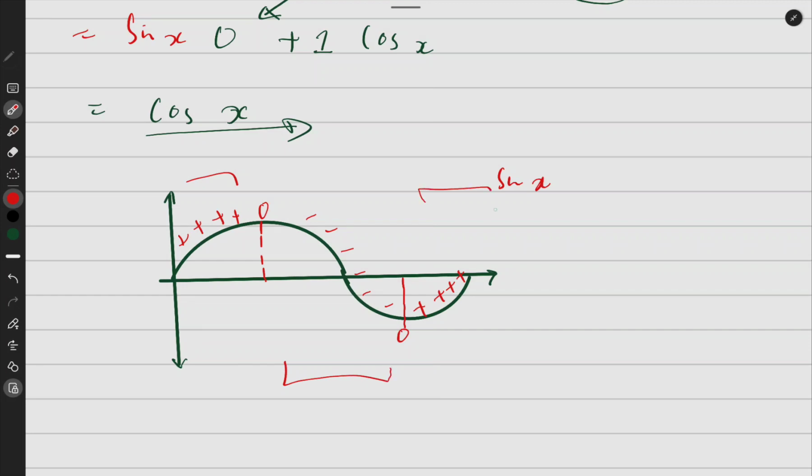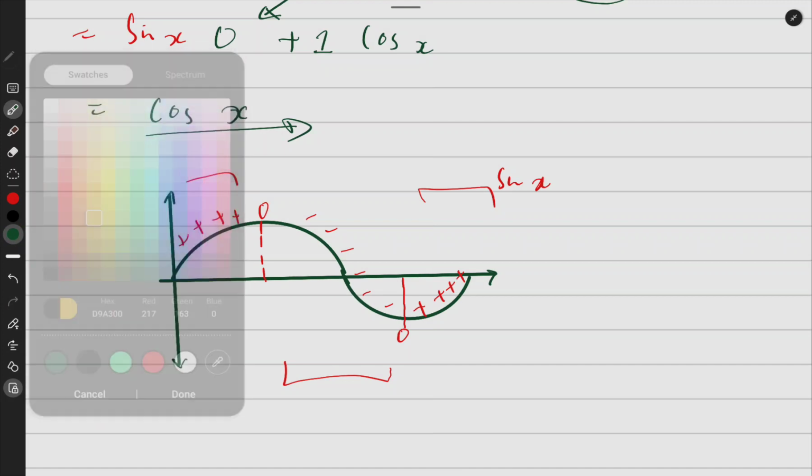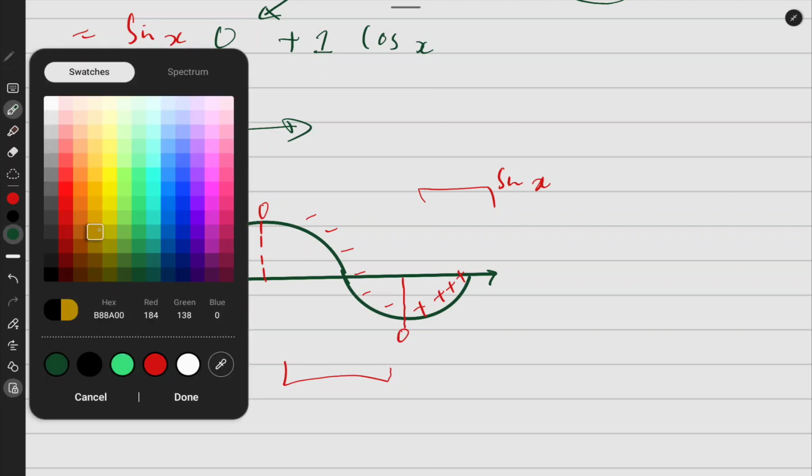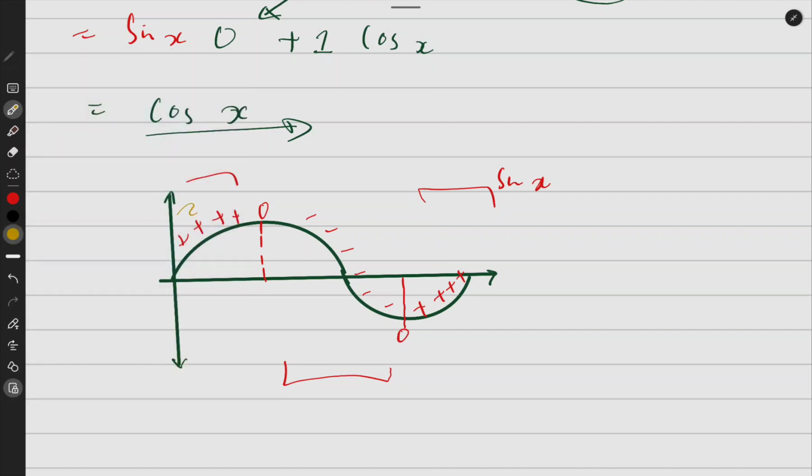We should have it here, and this here should be 0, and then here it should be in the negative quadrant like this, and here it becomes 0, and here it should be like this.